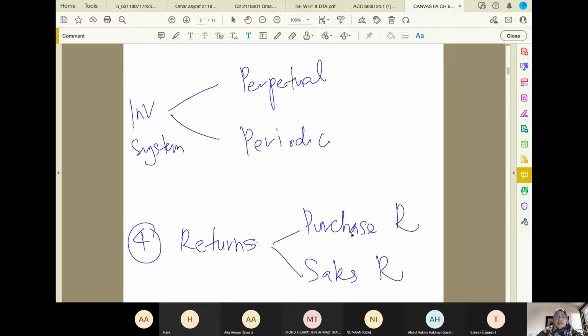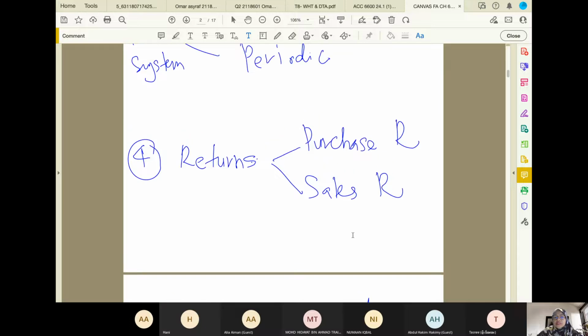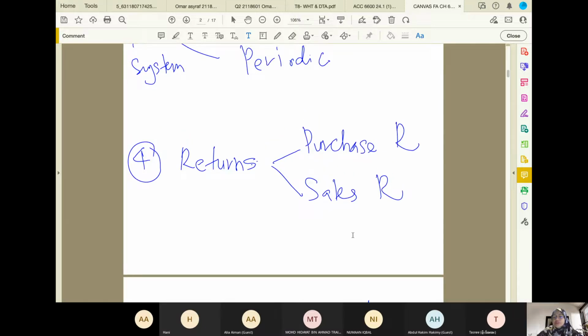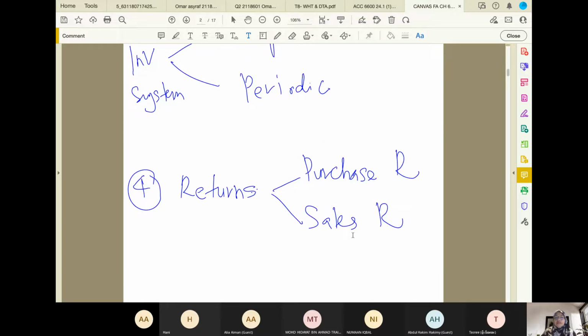And then we also have what we call returns, where we have purchase returns and also sales returns. Purchase returns means that when you purchase from an accounts payable party and you see that the goods are not suitable, or maybe there's a defect in the goods you purchased, you return the goods to the accounts payable.